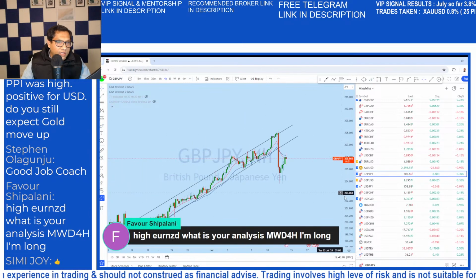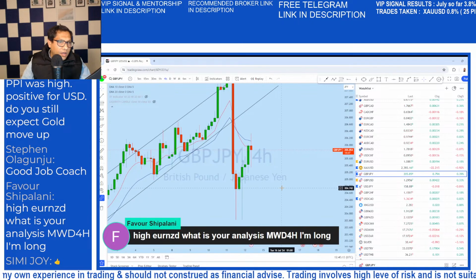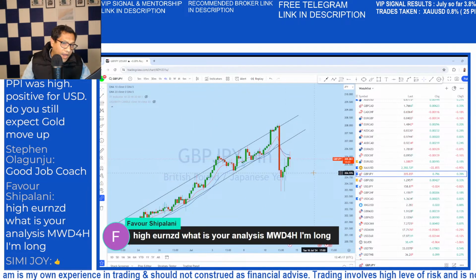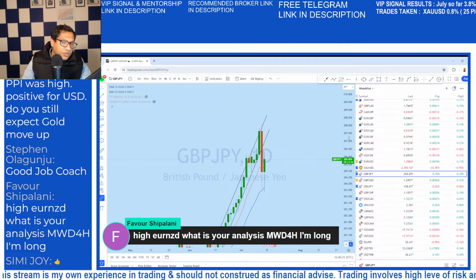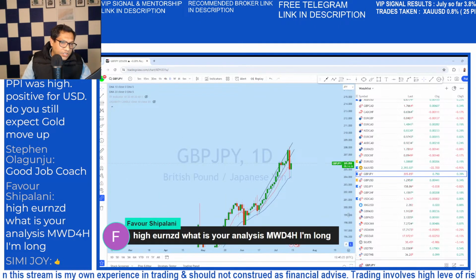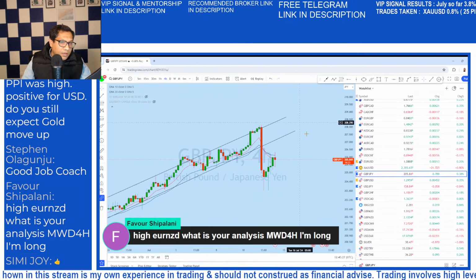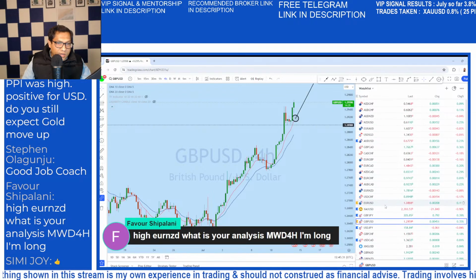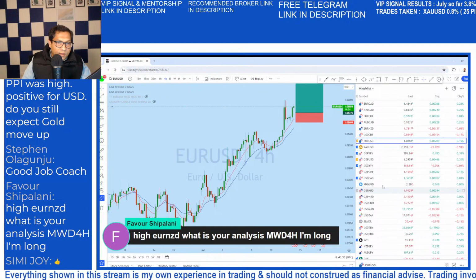After breaking this support, forming a doji, GBPUSD is in a situation where we might see trend continuation or rejection for a deeper pullback. I'll see what's happening also on EURUSD and GBPUSD.